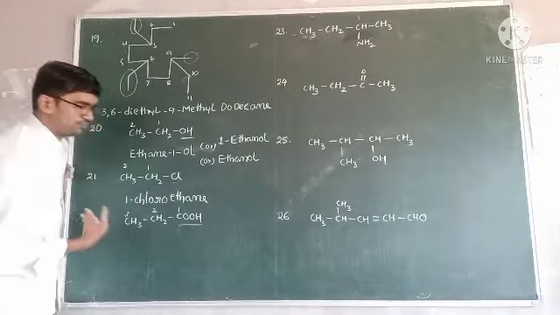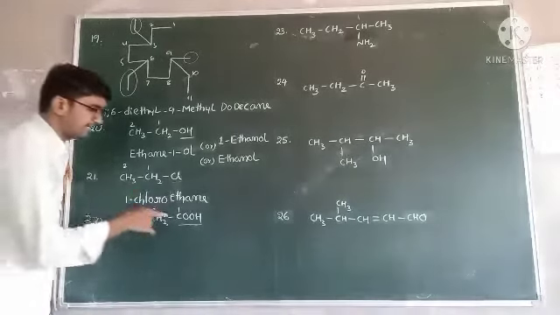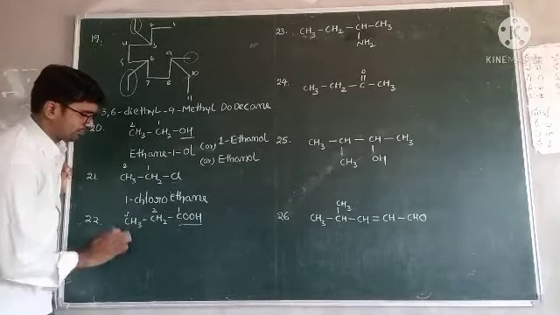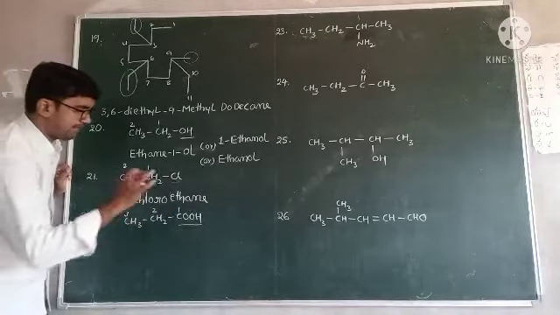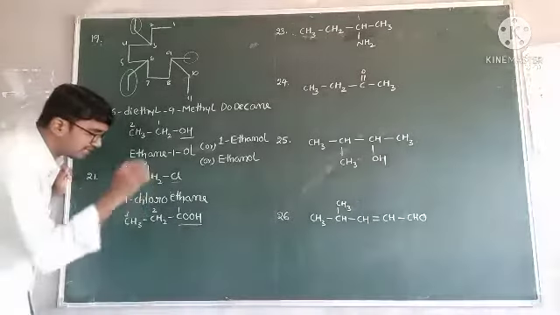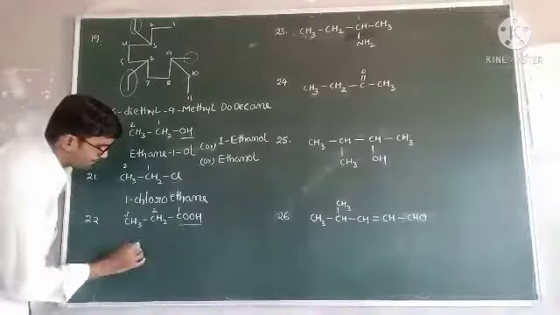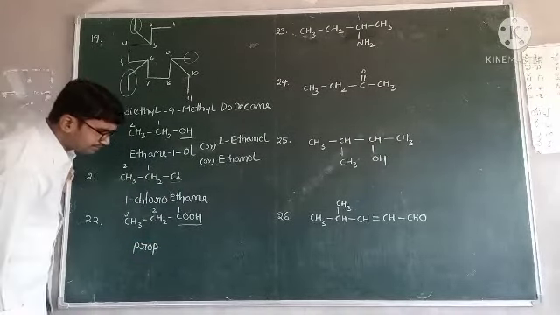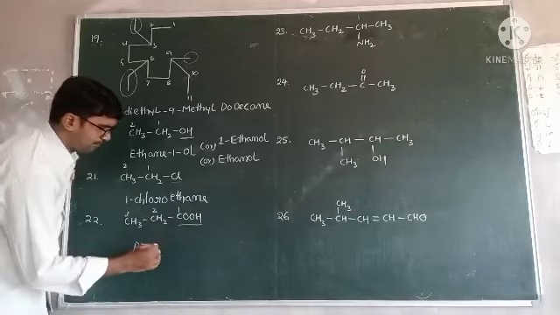Right? So in this compound, 3 carbons are present. Now how can you write that name? First write the substitutions. There are no substitutions. And number of carbons: 3 carbons are there. So prop. Next, bond type, only single bonds.